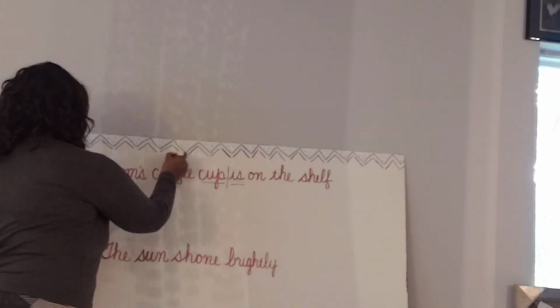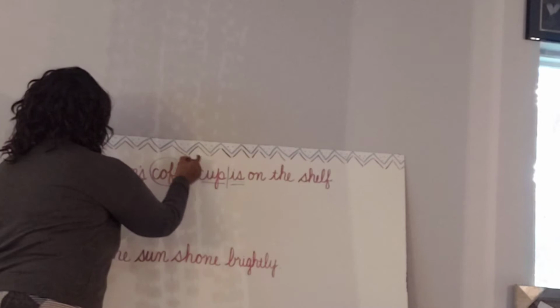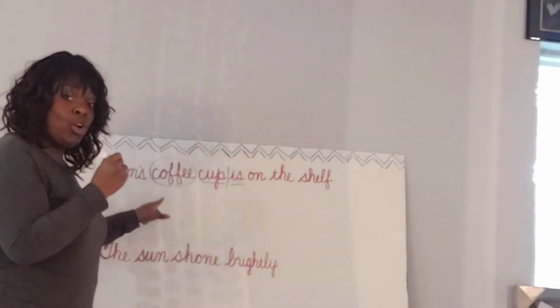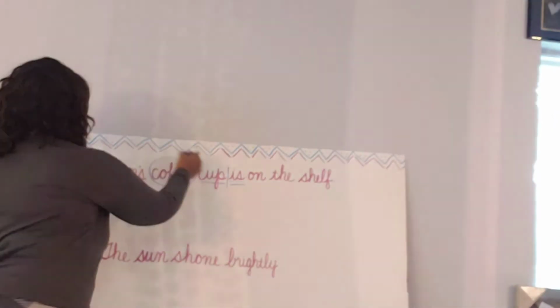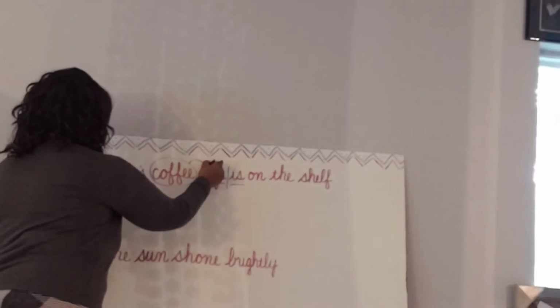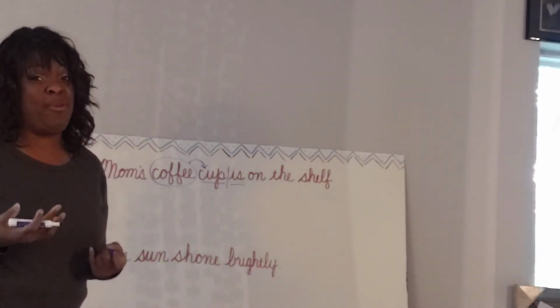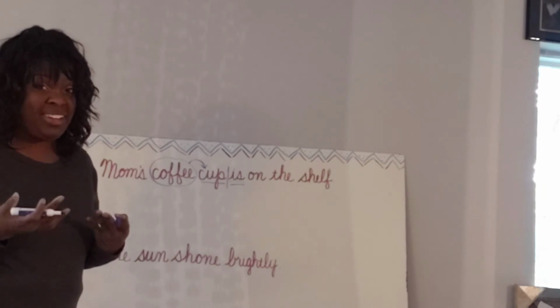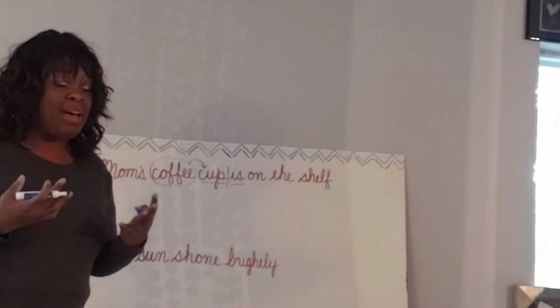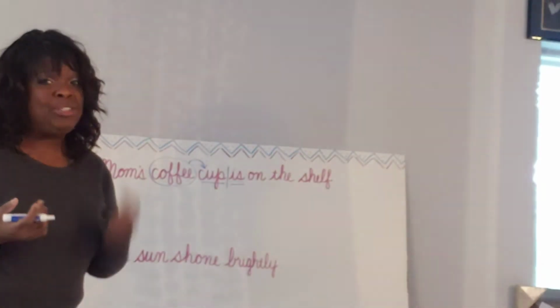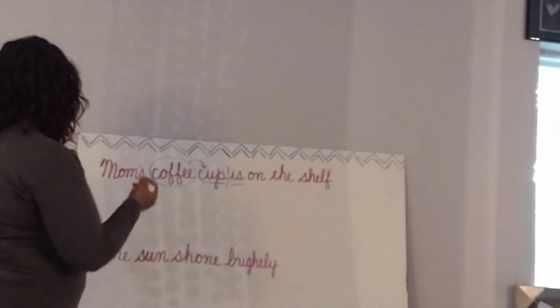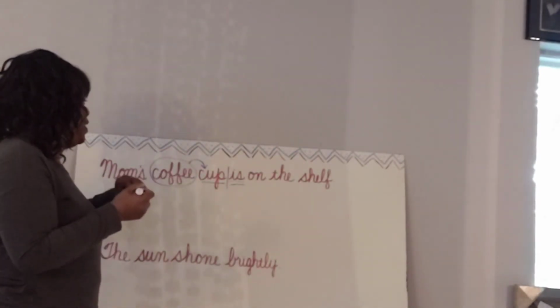Oh, yes, coffee cup. So circle coffee, draw your arrow. If you don't draw your arrow, it's points off. I had to take off points just for arrows not being drawn or adjectives not being circled. You've got to circle and draw your arrows.